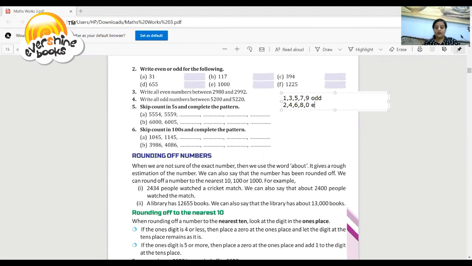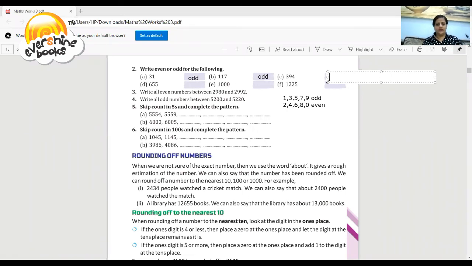You just write it down in your copy also, just to revise it, that this is odd and this is even. So 31 is an odd number because 1 is at one's place. 117 is an odd number. Now 394.